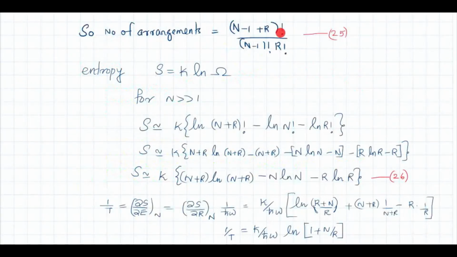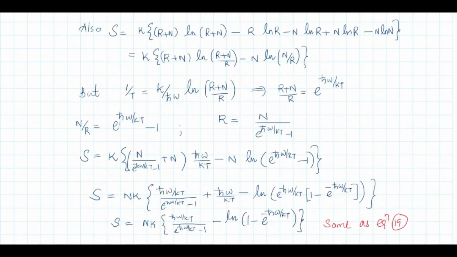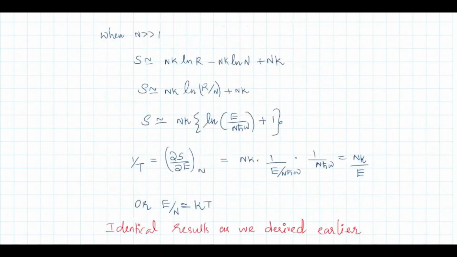Using that expression in the microcanonical approach, we calculated again entropy, energy per particle, etc., and all the results are consistent. So this is one of the most beautiful examples for the canonical ensemble system, and we can use the results from the microcanonical ensemble also.